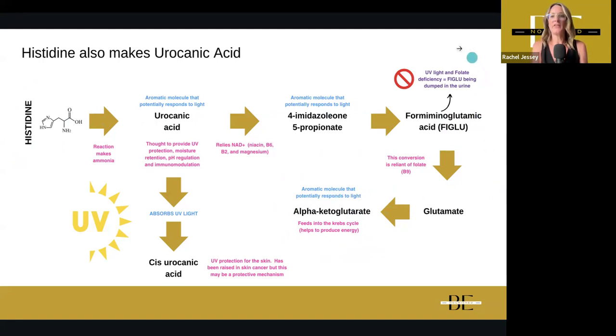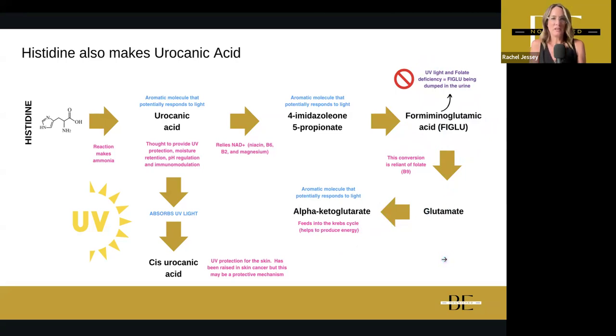There's also another component here, which is at this section of the pathway here. So if this metabolite is shown high in urine, and we can test very easily for this, it can mean that there is a folate deficiency or a folic acid deficiency. So you're going to end up, again, in a folic acid deficiency, resulting in a deficiency in energy.